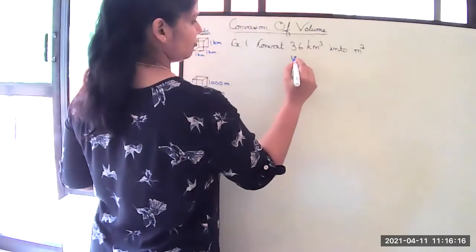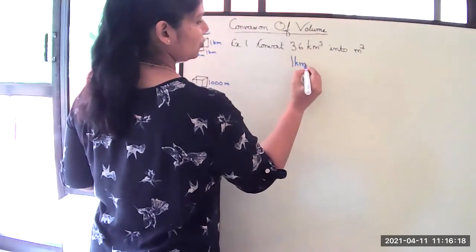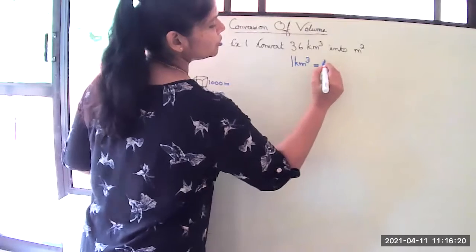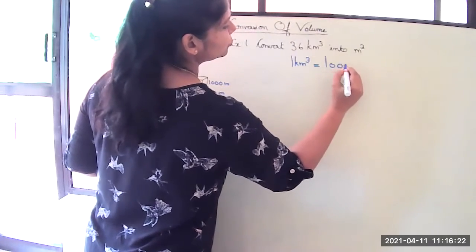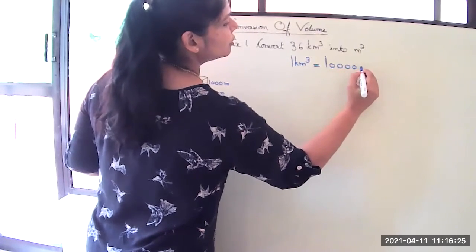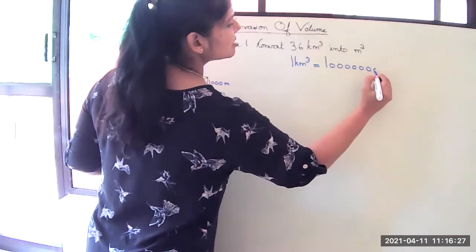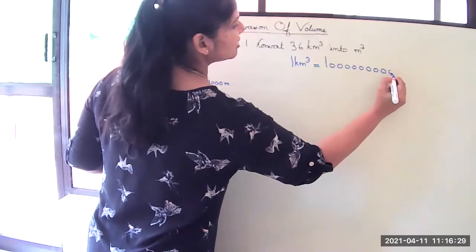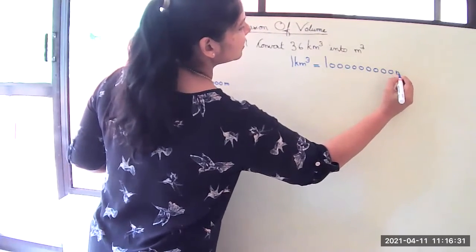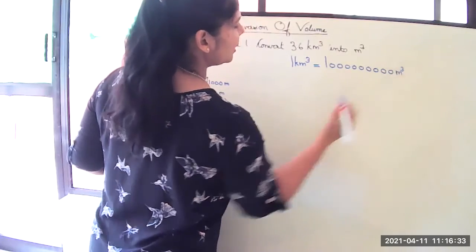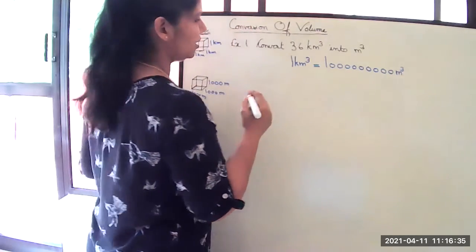So we know that 1 kilometer cube is equal to 1 and 1, 2, 3, 4, 5, 6, 7, 8, 9 zeros. You have to add 9 zeros, count it and add it.